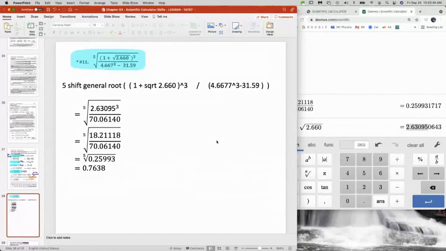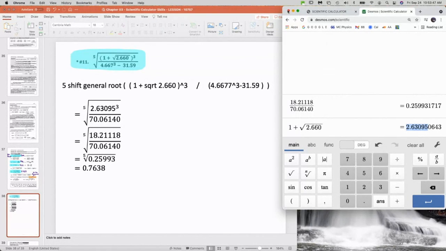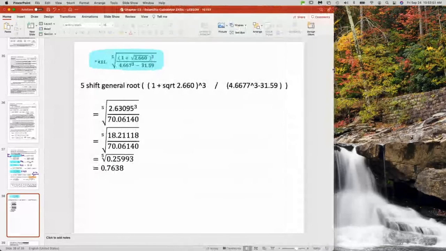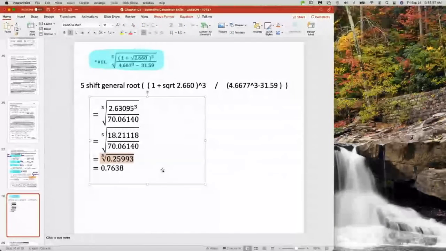So if you want, do little pieces at a time. Keep on chipping away at it. There's no need to get rattled about it. At this point here, I took a 5th root. Gotta love the calculator, eh?